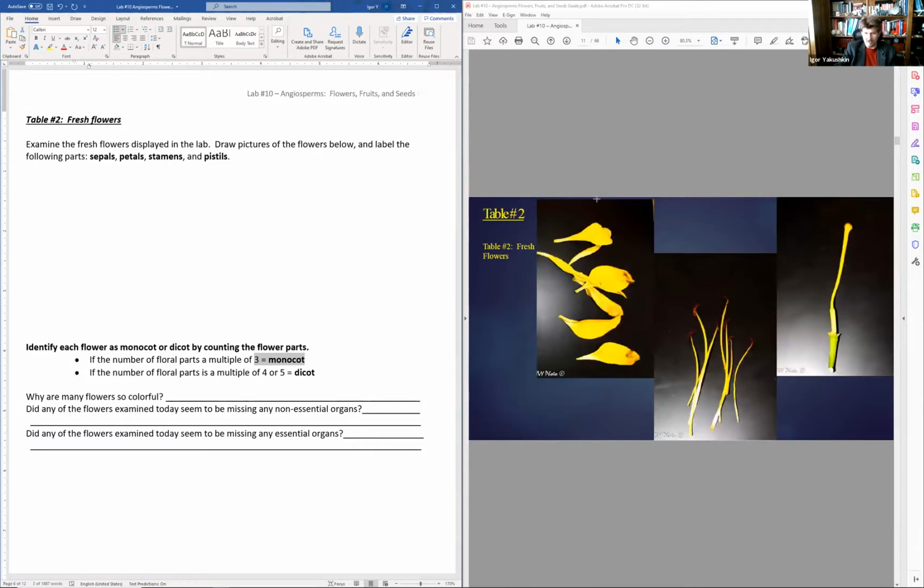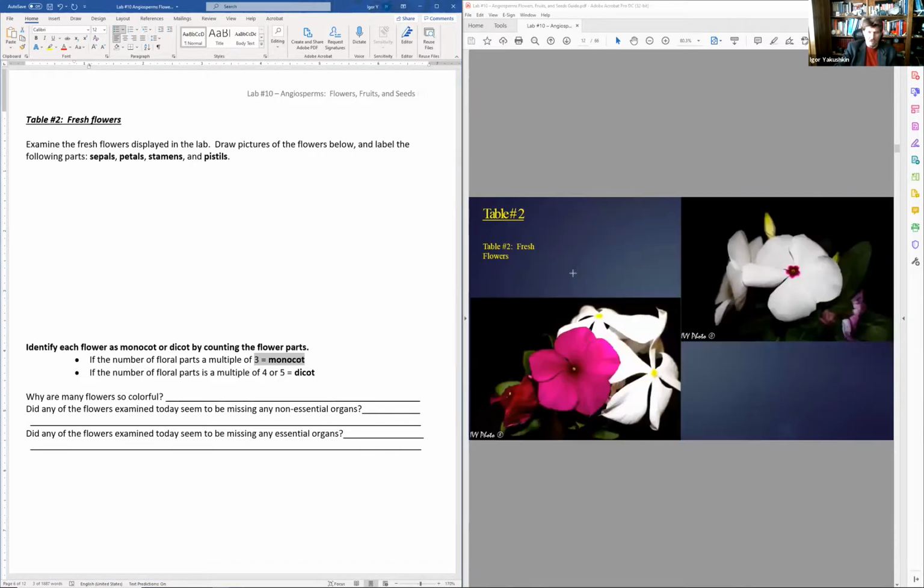So in this particular case, the petals, stamens, and that one is a pistil, including the ovary. All right, so here you're looking at that and you're counting 1, 2, 3, 4, 5 petals. That's clearly a monocot, right?